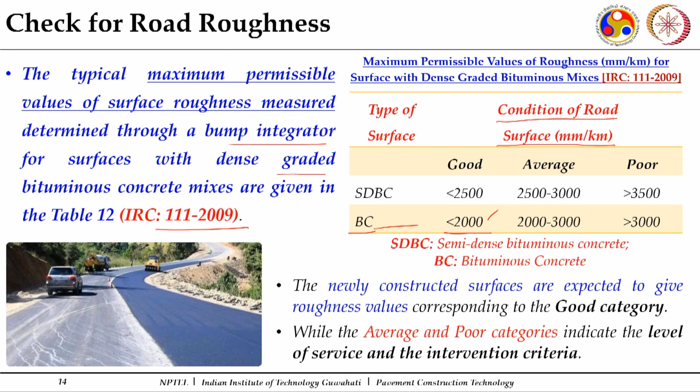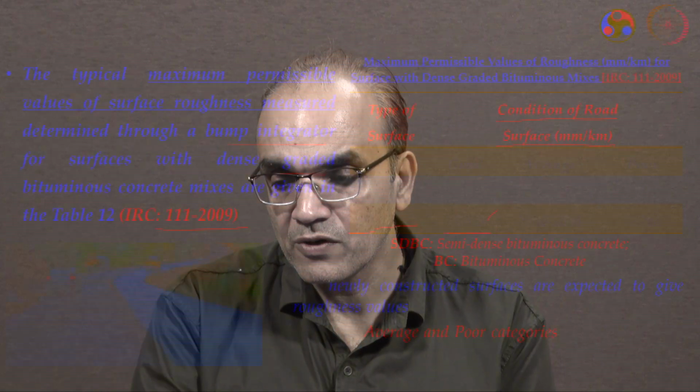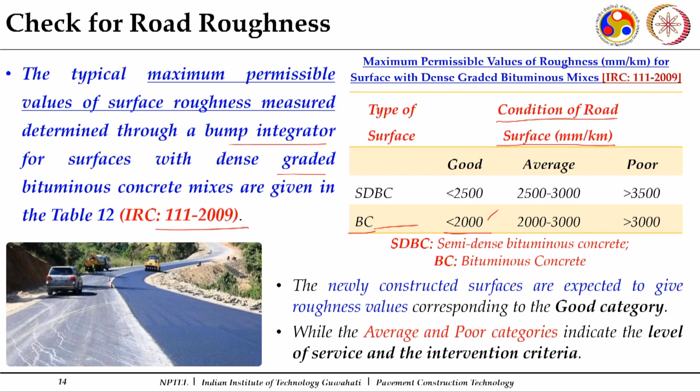And as I mentioned, in due course of time the roughness increases because of structural defects or consolidation or cracks or potholes. A newly constructed one may have something around 800 to 1000 or 1200 mm per kilometer.